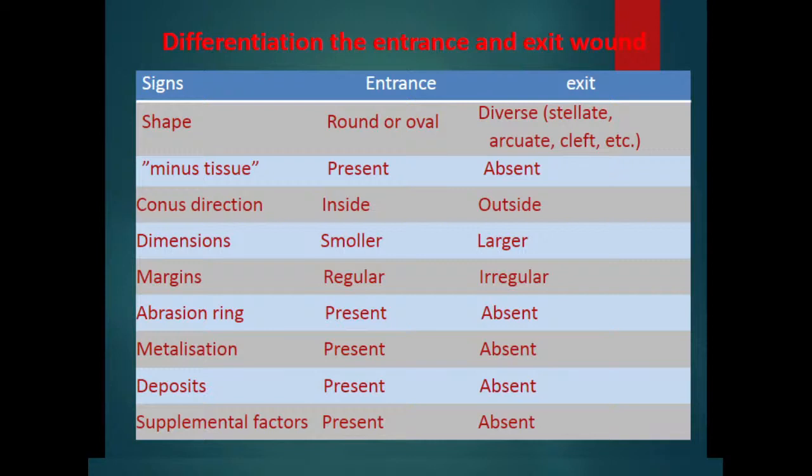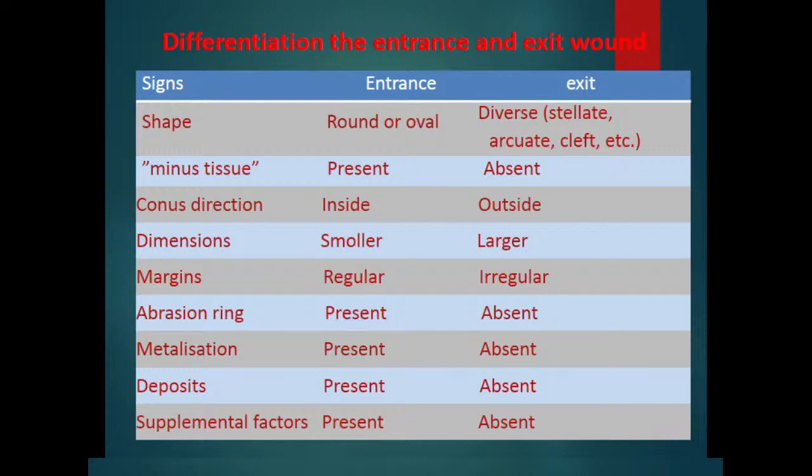As for dimensions, the size of the entrance wound is usually smaller than the exit wound. Margins of the entrance wound are usually regular, and margins of the exit wound are irregular.